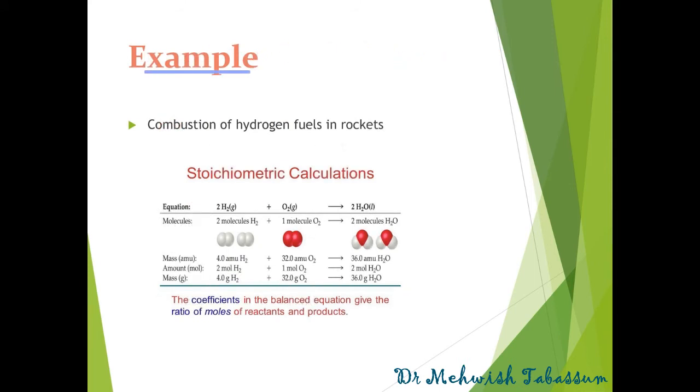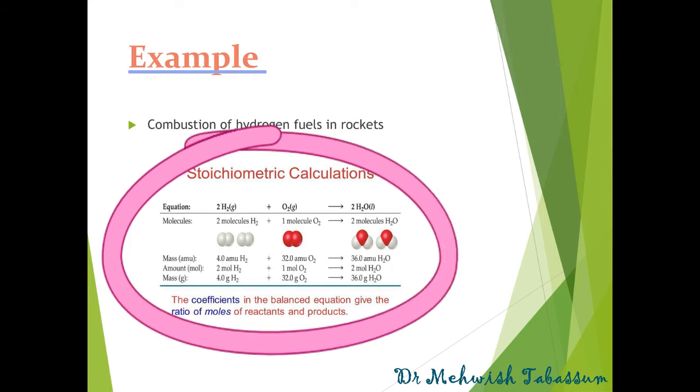Let's discuss an example related to stoichiometric calculations: the formation of water in the form of steam as a fuel in rocket jets. Two molecules of hydrogen react with one molecule of oxygen to form two molecules of water. This equation actually consists of two sections, reactant side and product side. The left hand side is the reactant side.